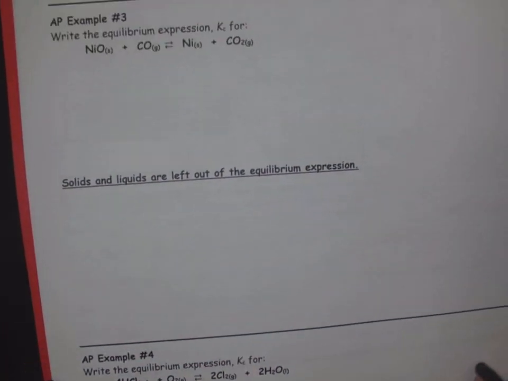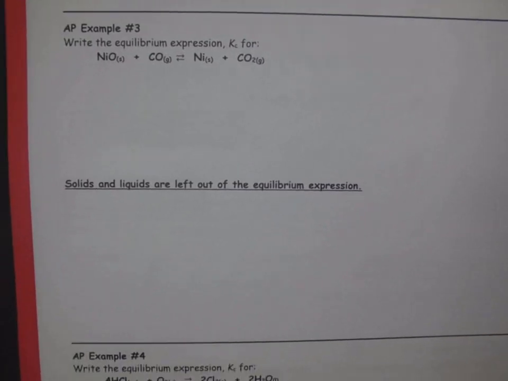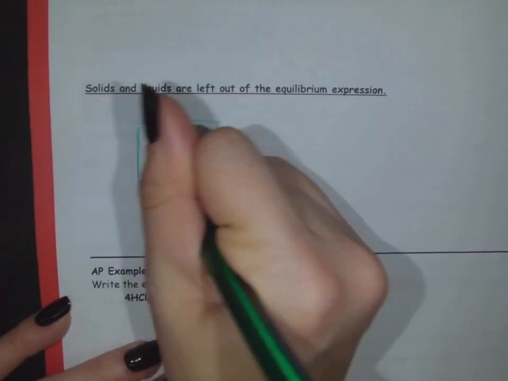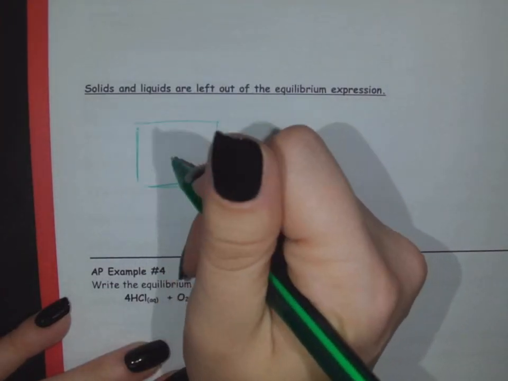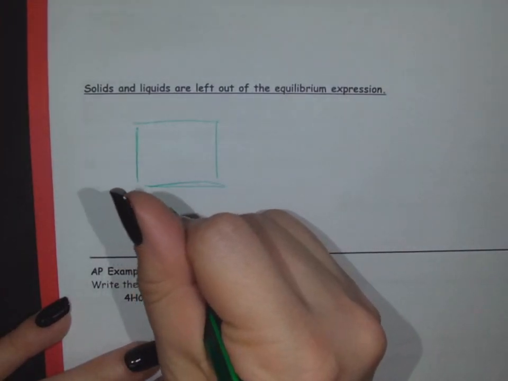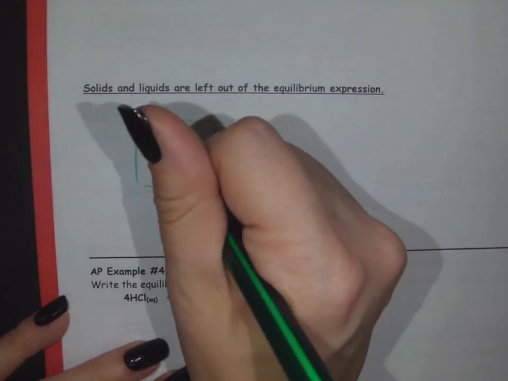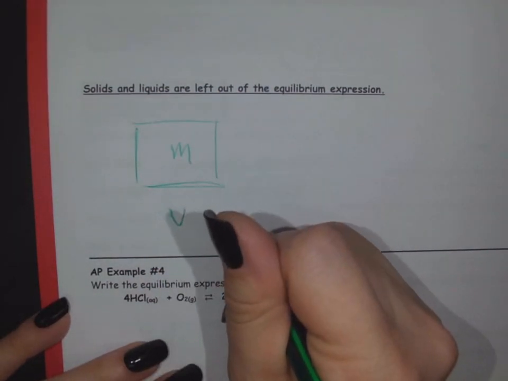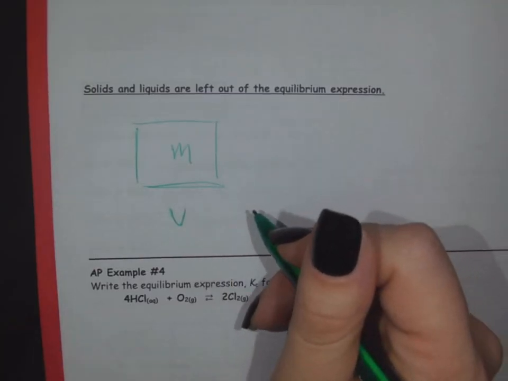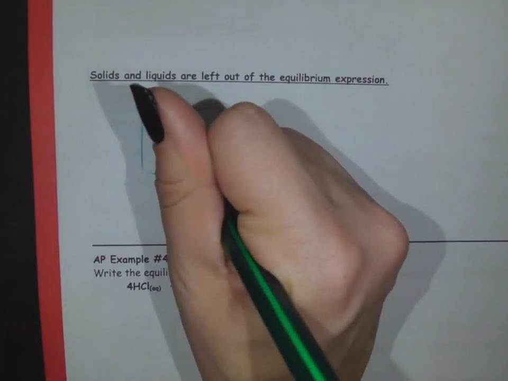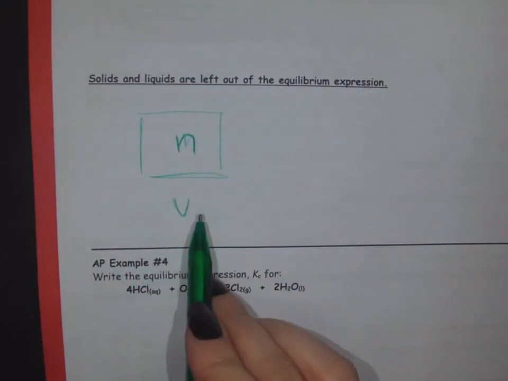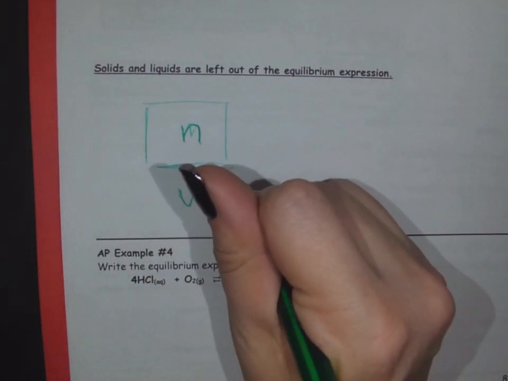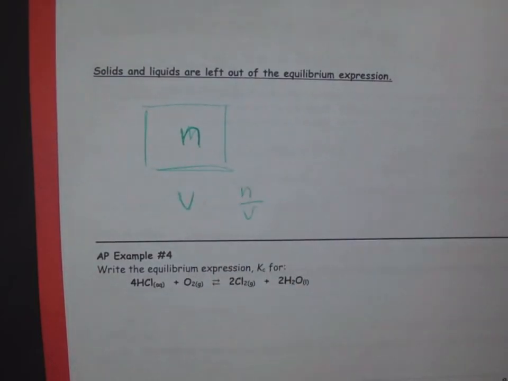So looking at this guy, maybe let's draw a quick picture here. Here's my solid, and this is the volume of this solid, and here's the mass of this solid. So the concentration would be moles, so let's do moles. Sorry, change that to an n. Here's the amount of moles of stuff, and here's the volume of that stuff. So the concentration would be moles over volume, right?